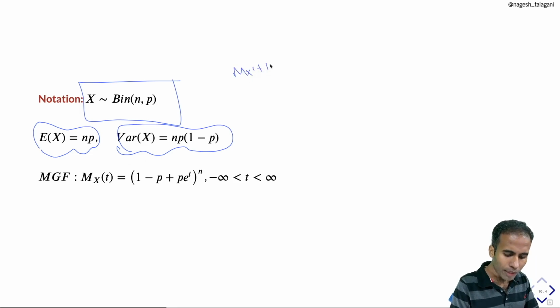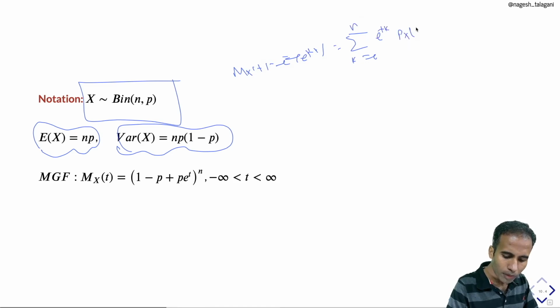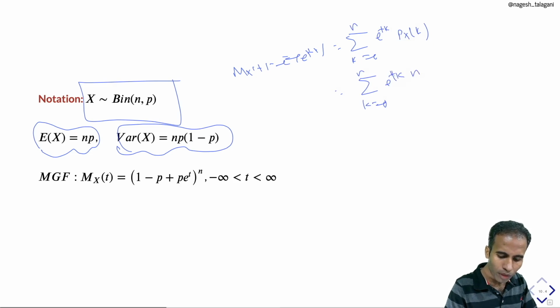The MGF is the expectation of e^(tX), which is the summation k equal to 0 to n of e^(tk) p_X of k, the summation k equal to 0 to n of e^(tk) times the PMF we got, n choose k p^k (1 minus p)^(n minus k).